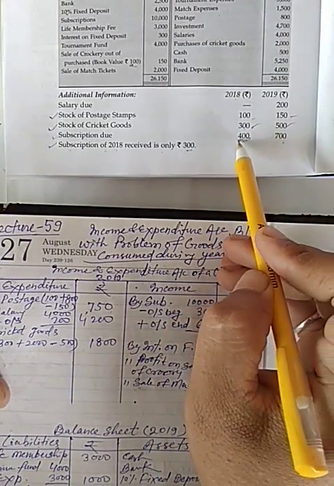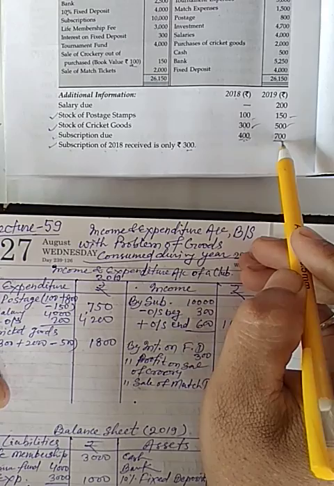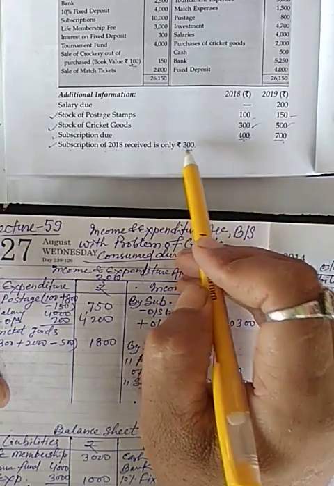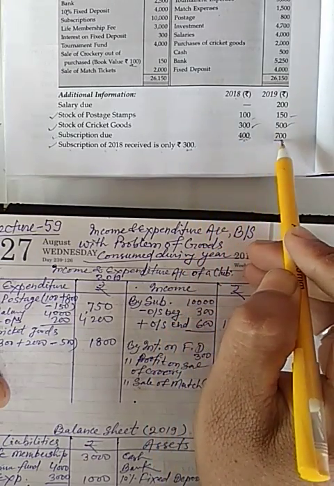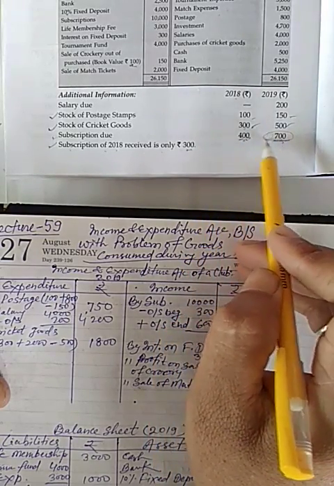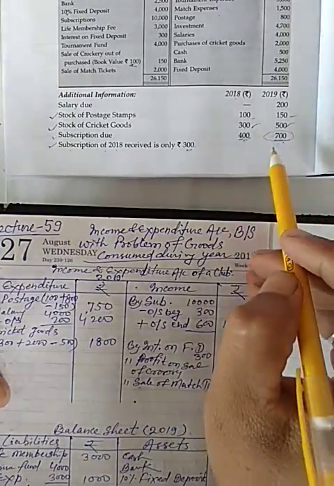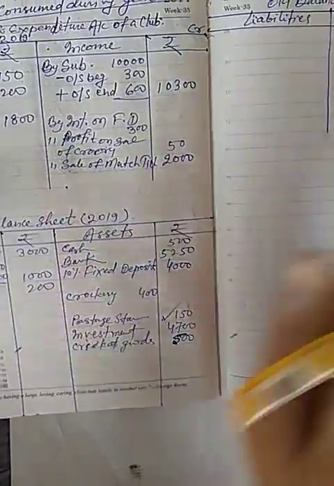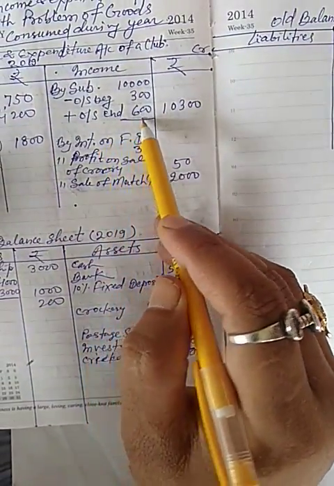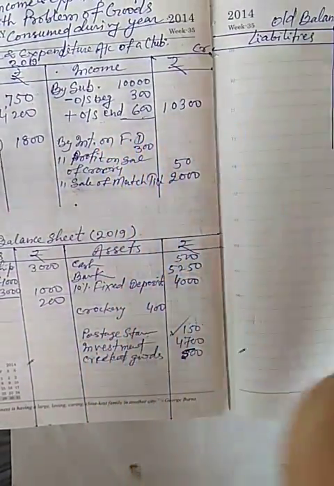There is 700 given, so 100 is already added in 700, so current year subscription will be 600 only, and therefore I have written 600 outstanding at the end of the year.